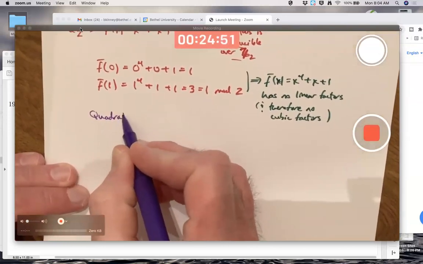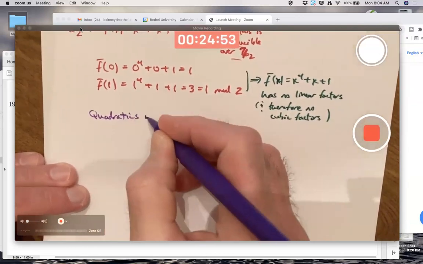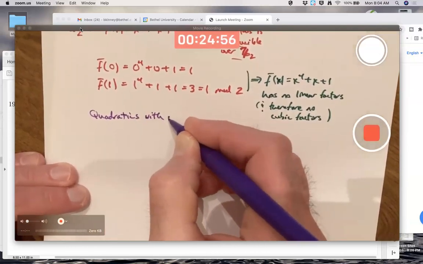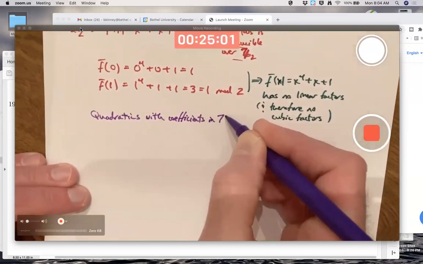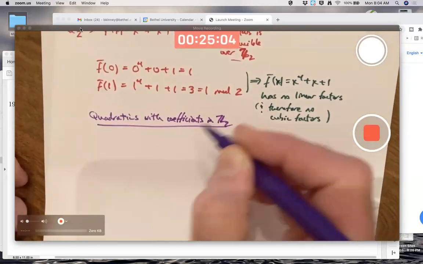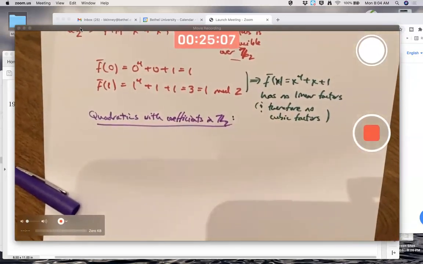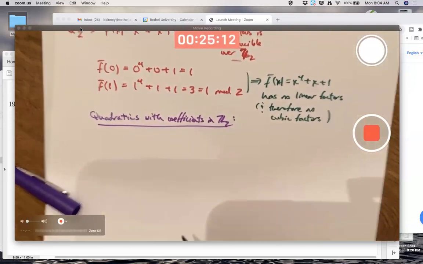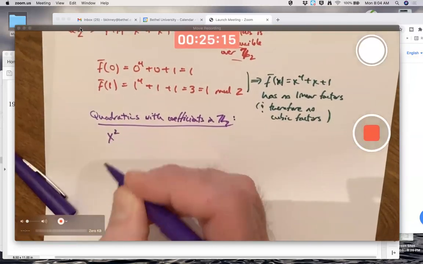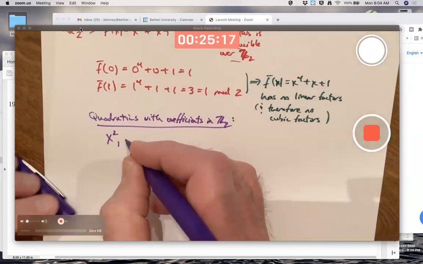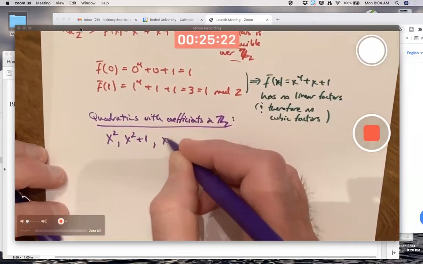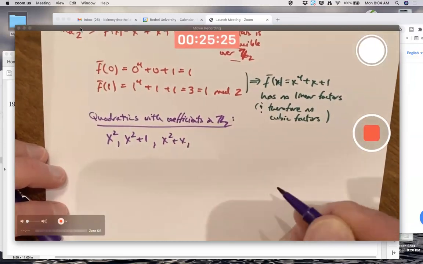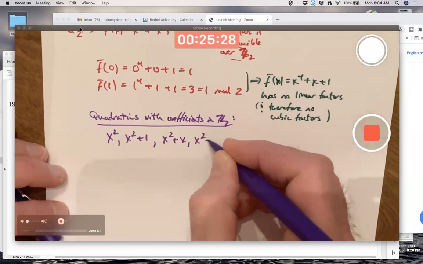Quadratics with coefficients in Z2. Well, there's x squared. There's x squared plus 1. There's x squared plus x. There's x squared plus x plus 1.